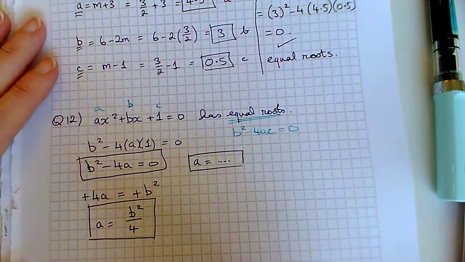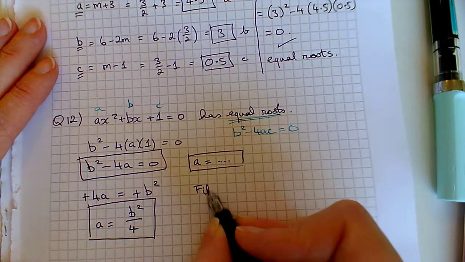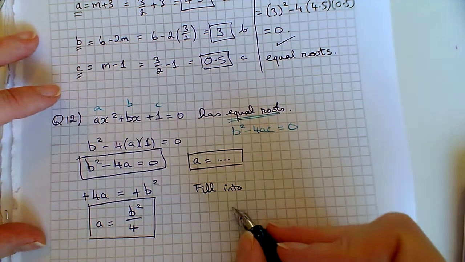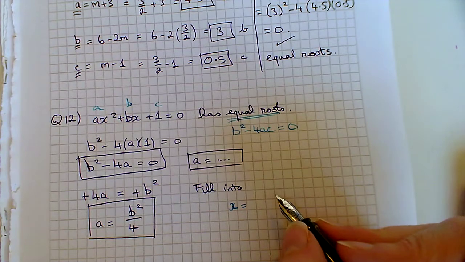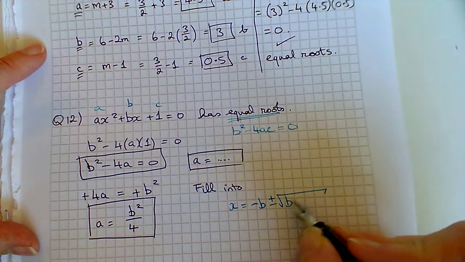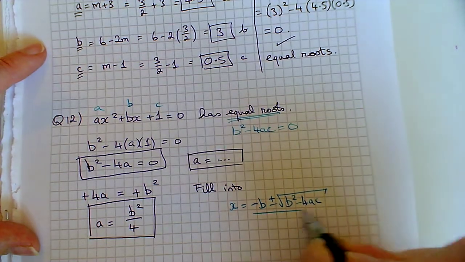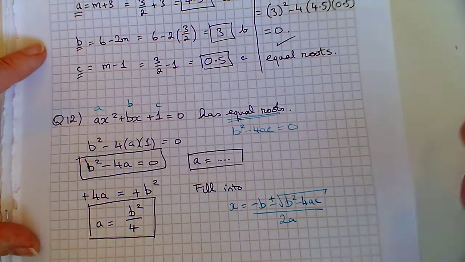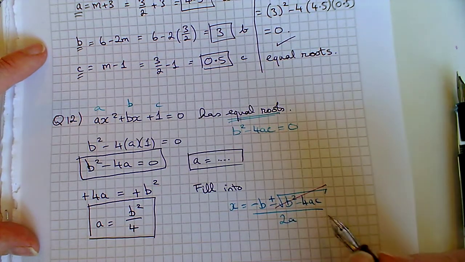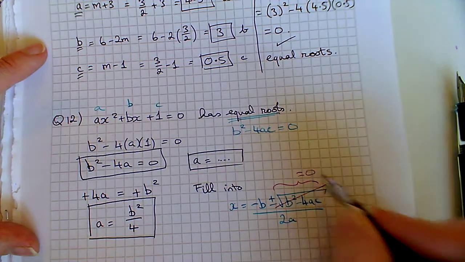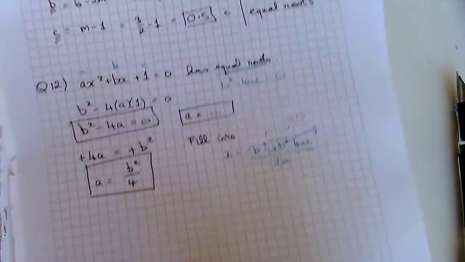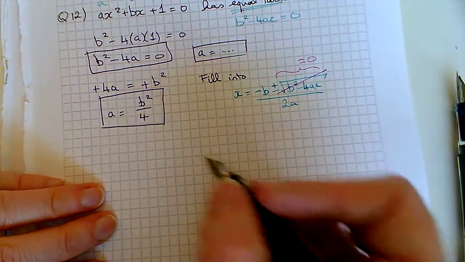So that means when I fill into my formula, x equal to minus b plus or minus the square root of b squared minus 4ac all over 2a, we know straight away that this is gone because it's equal to 0. And I also have a value for a that I can use instead. So there's going to be some fraction work going on here.